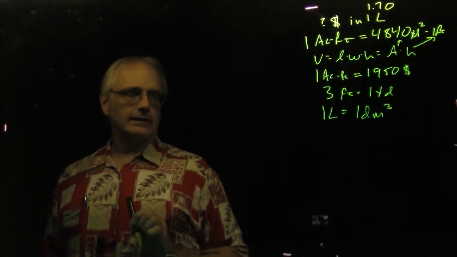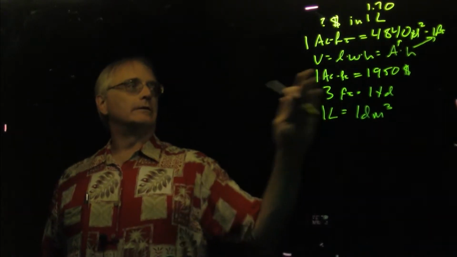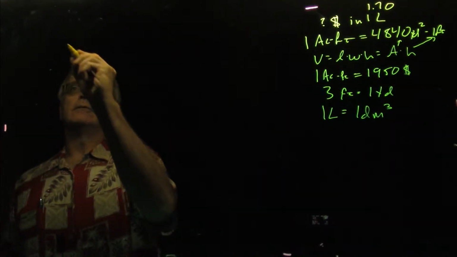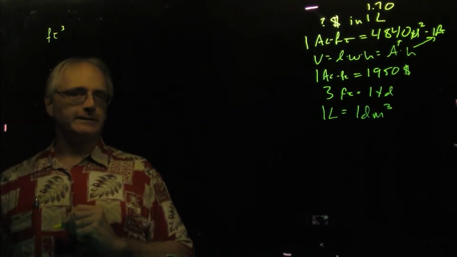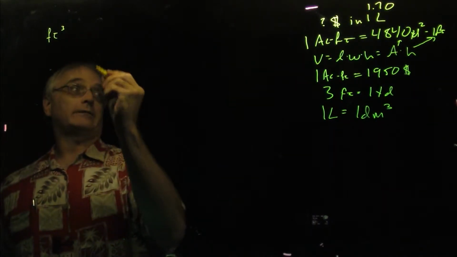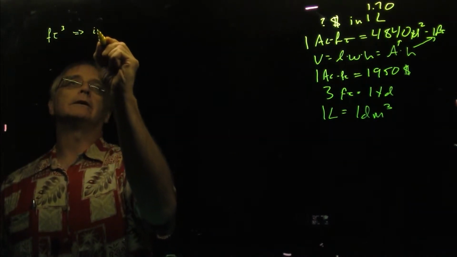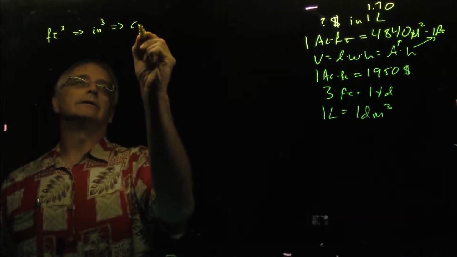And so I'm going to outline quickly the strategy I want to follow for this. We are going to take our acre-foot volume unit and we're going to get our little fingers on cubic feet. Now, once we have cubic feet, it'll be fairly simple to get to cubic inches. Cubic inches gets us to centimeters.